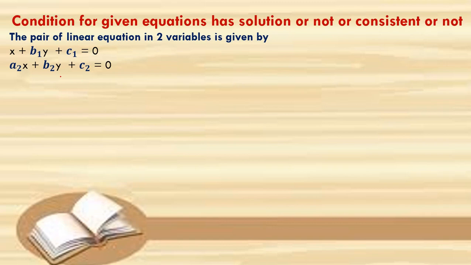As we have the given equations, here it is written a1x plus b1y plus c1 is equal to 0, and the second equation represented by a2x plus b2y plus c2 is equal to 0. Remember, these are the standard form of a pair of linear equations in two variables. So suppose the equations are given like this, how do we find out whether they are consistent or not?